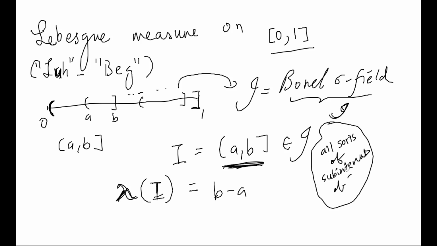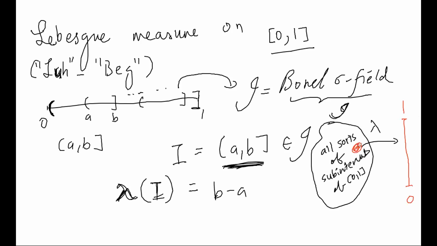Of 0, 1. So basically, your lambda takes an element here and maps it to a number in 0, 1.